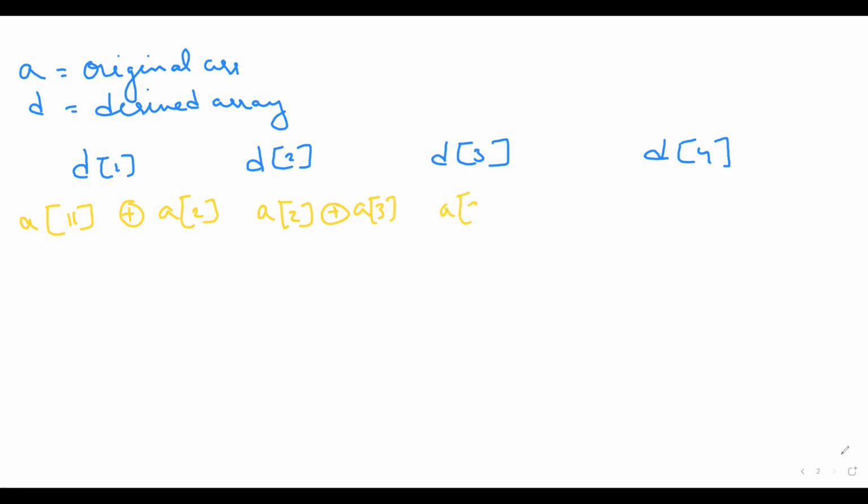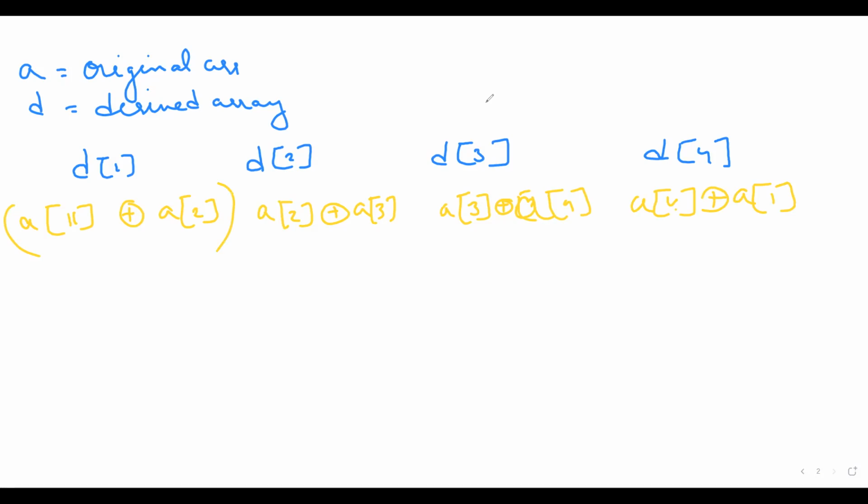Original of 3 XOR original of 4. Again, how are we getting derived of 4? Original of 4 XOR original of 1. Okay, and now suppose we completely XOR all of these.